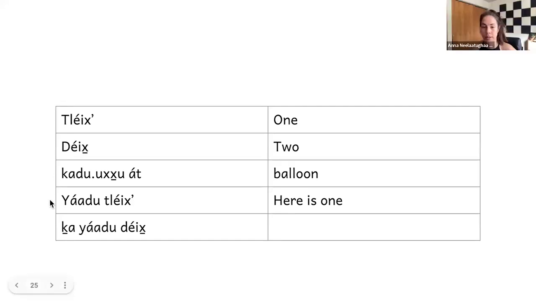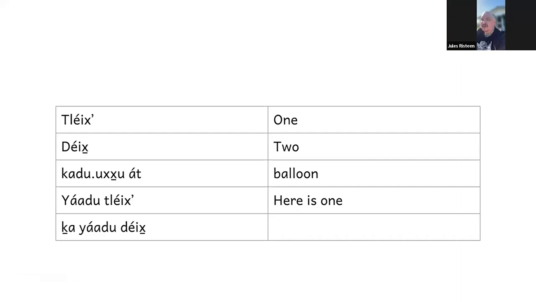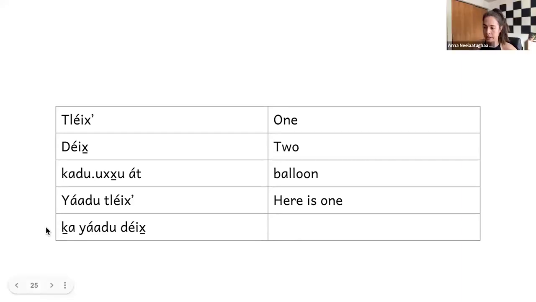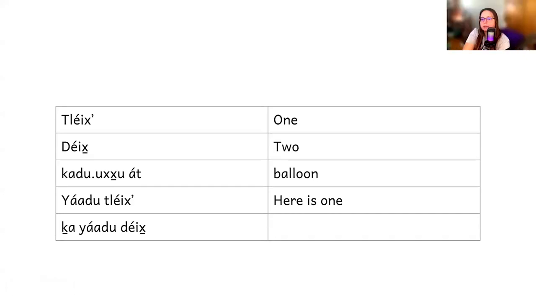And then yadu kleeg, yadu deeg. Good. So far, those are already 5 phrases in the movie that we heard and can say, and we are also learning the meanings of.